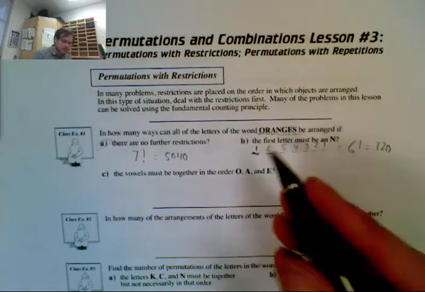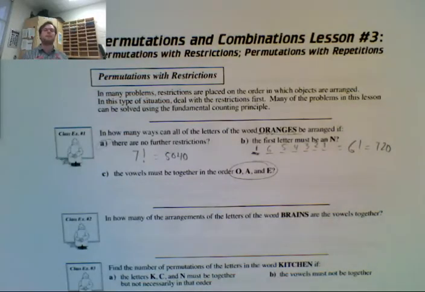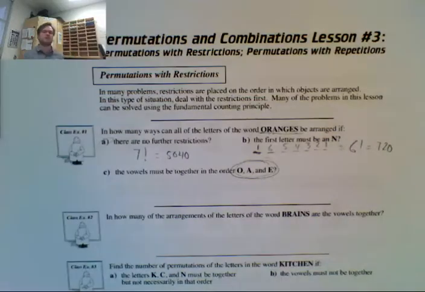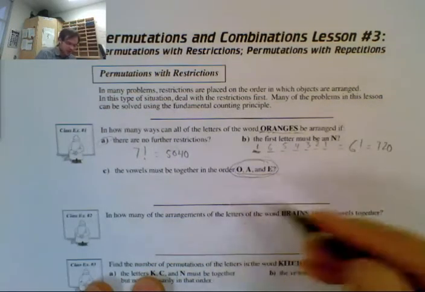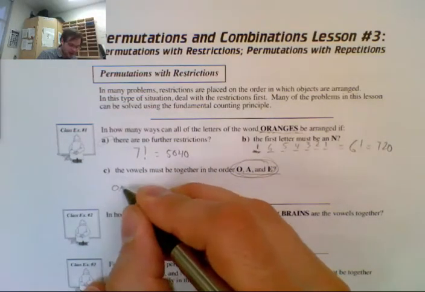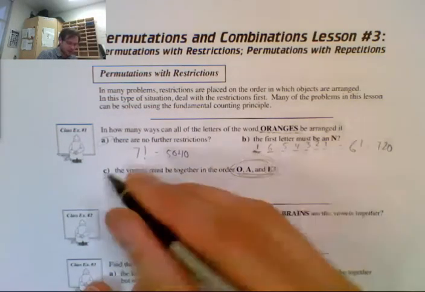It says these vowels must be together, but they must be in that order. So if they must be in this order and together, we could say that's one letter. So this is going to count as one letter. So I have O, A, and E as one letter.